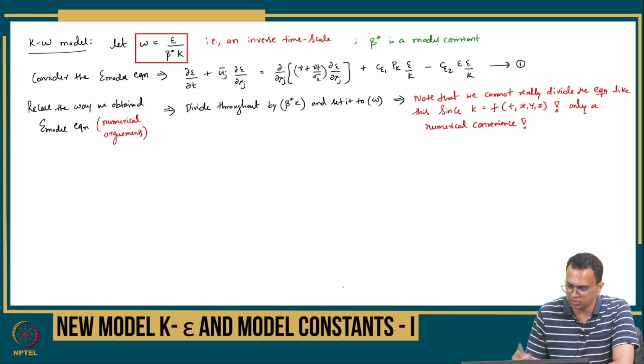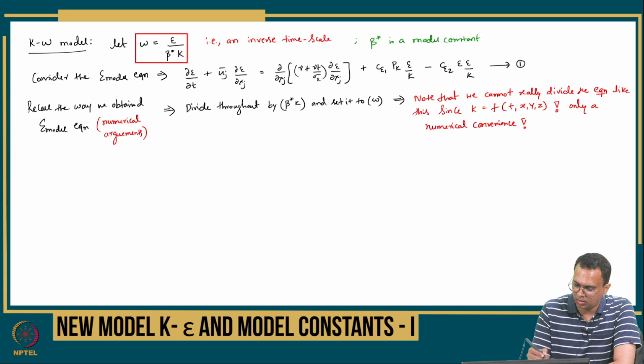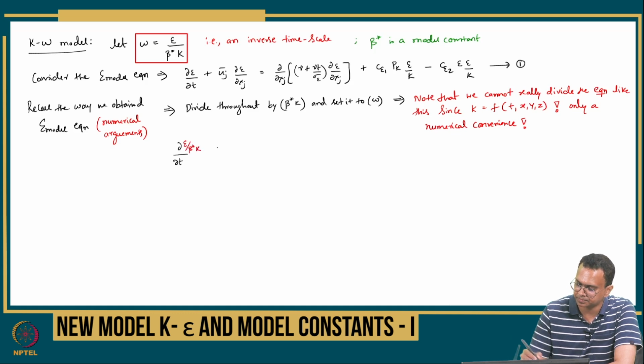If I do this, I get dou by dou t, so instead of epsilon, epsilon by beta star k here, plus uj bar dou by dou xj of epsilon by beta star k.